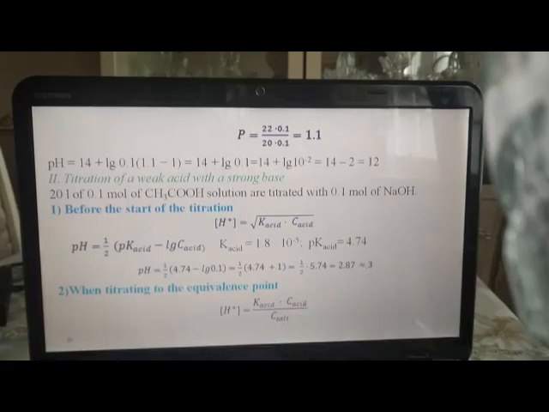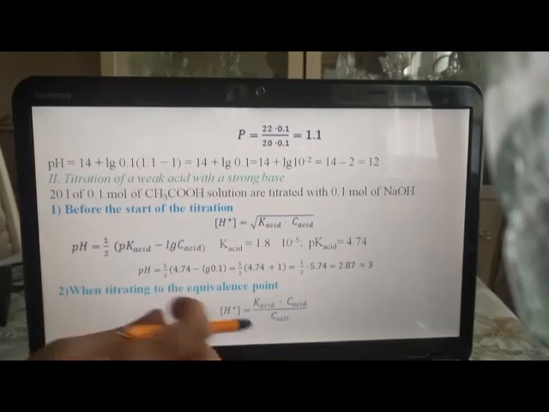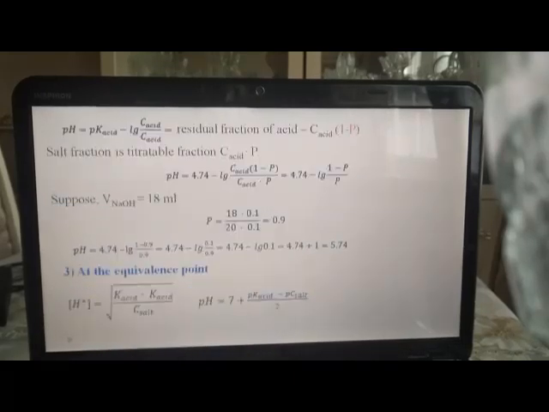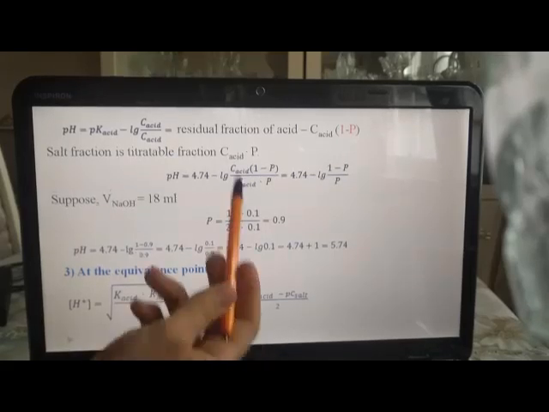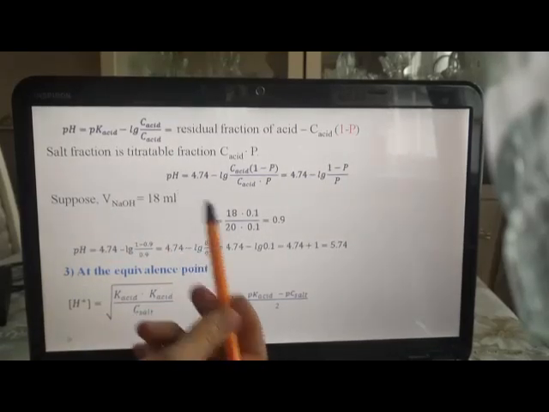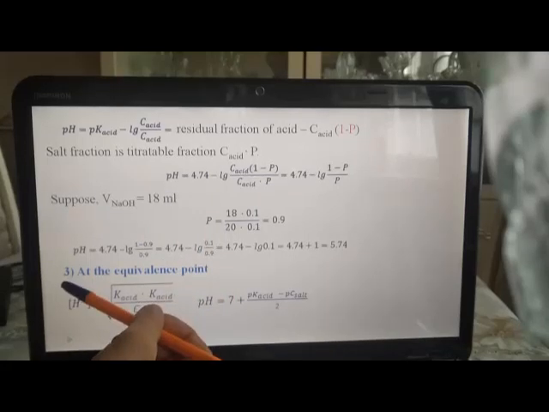When titrated up to the equivalence point, the concentration of the hydrogen protons is found from this equation, and using these calculations we found the results.